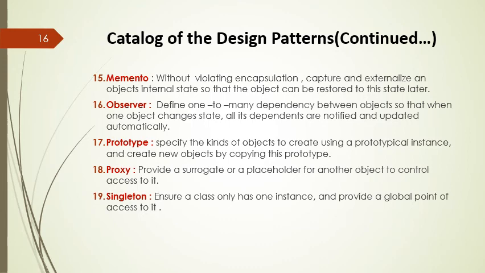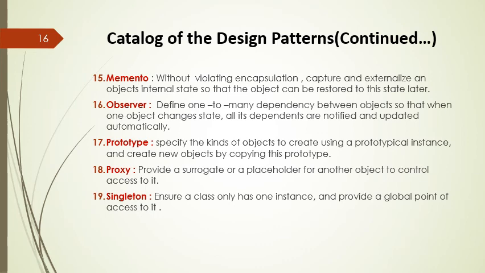Memento. Without violating encapsulation, capture and externalize an object's internal state so that the object can be restored to this state later. Observer, define one-to-many dependencies between objects so that when one object changes state, all its dependents are notified and updated automatically.